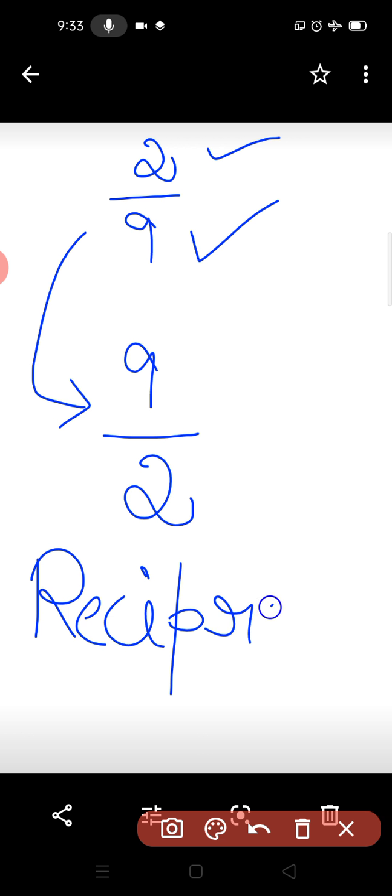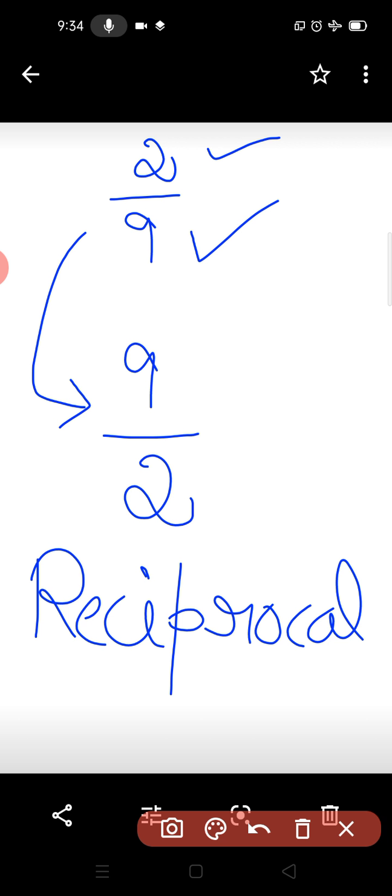Reciprocal of the given fraction. Okay, so how to get the reciprocal? Very simple. When we multiply two fractions, it is easy to find the product of numerators and the product of denominators.